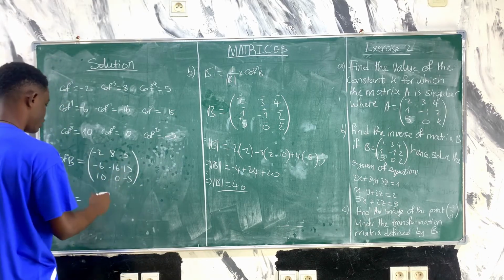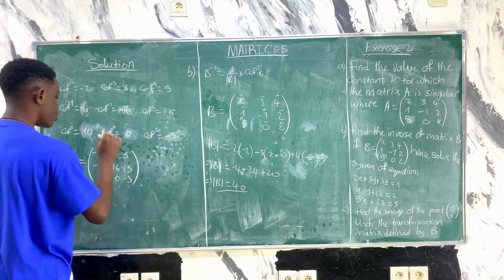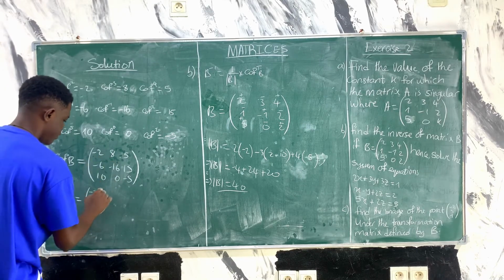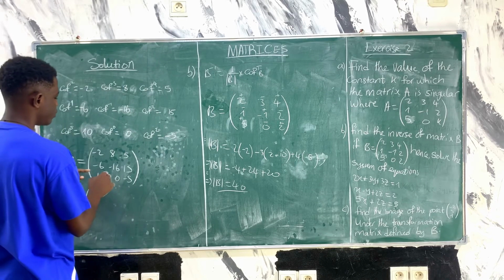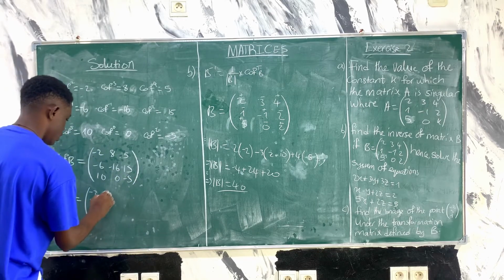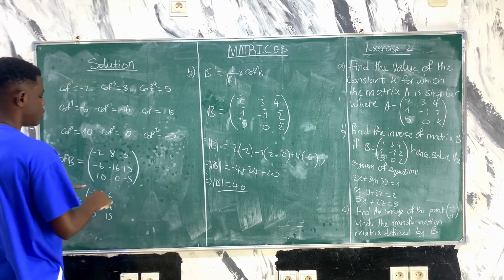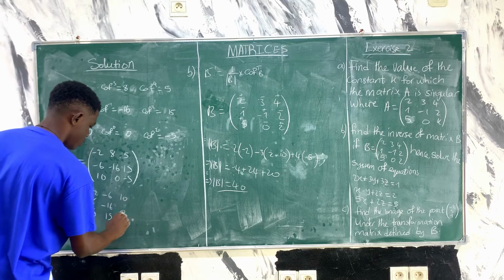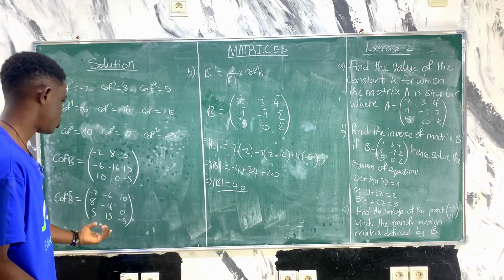All of the rows become the columns. So row 1 becomes column 1, row 2 becomes column 2, and row 3 becomes column 3. So you have minus 2, 8, 5 written down. The second one down is minus 6, minus 16, 15, written like this. Then you have 10, 0, minus 5 written like this. And that is our cofactor transpose.